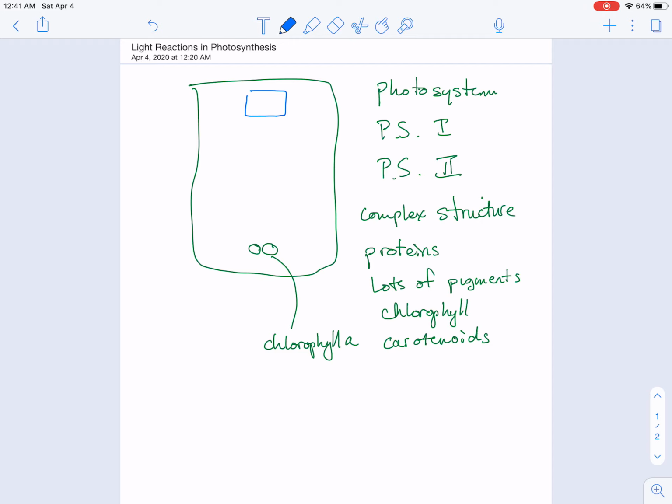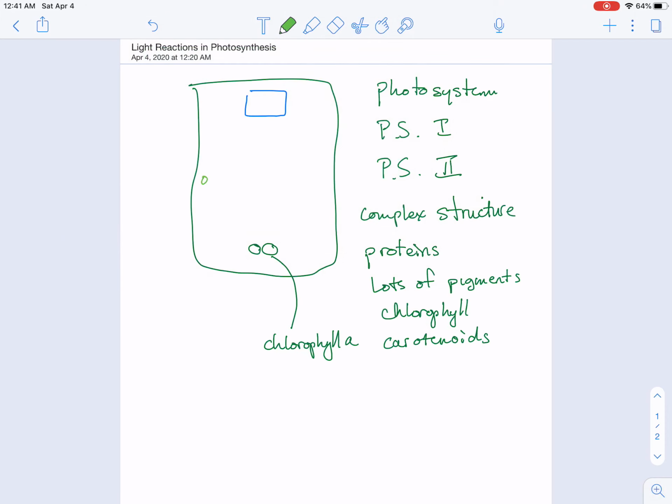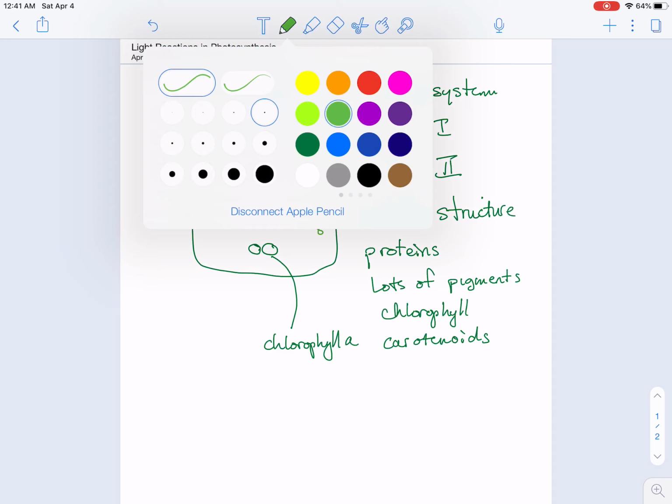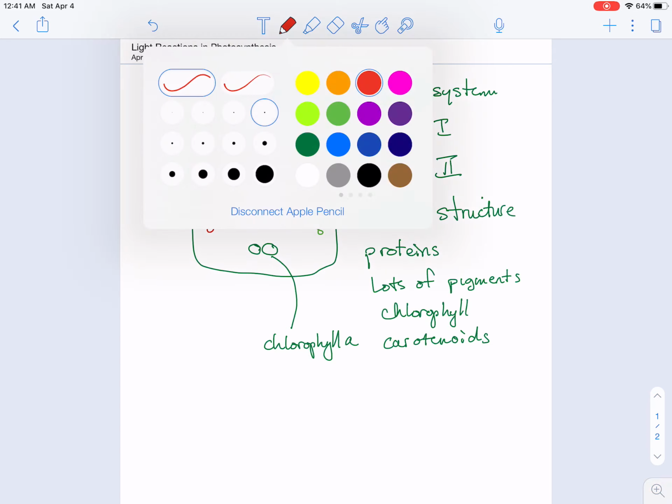I'm also going to draw a bunch of different pigments along the side of the photosystem, and they're different colors, right? We have lots and lots of different pigments. Some are orange, some are red.